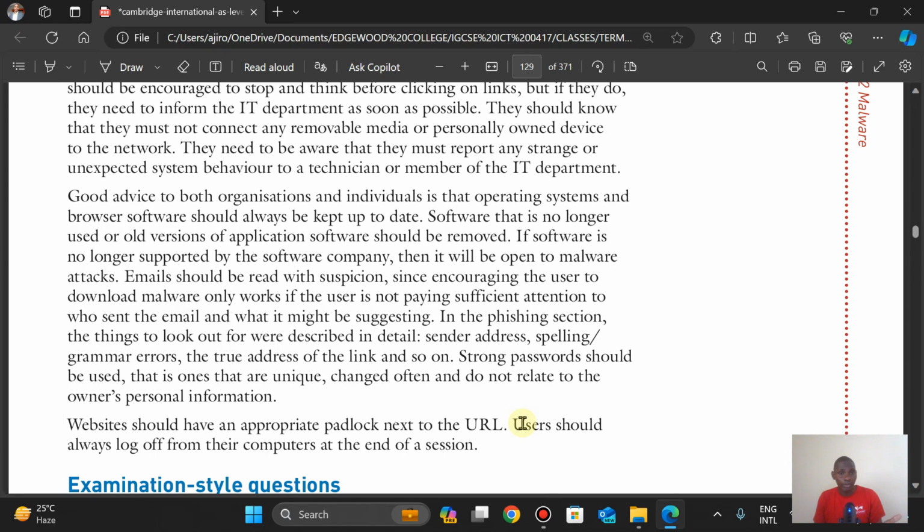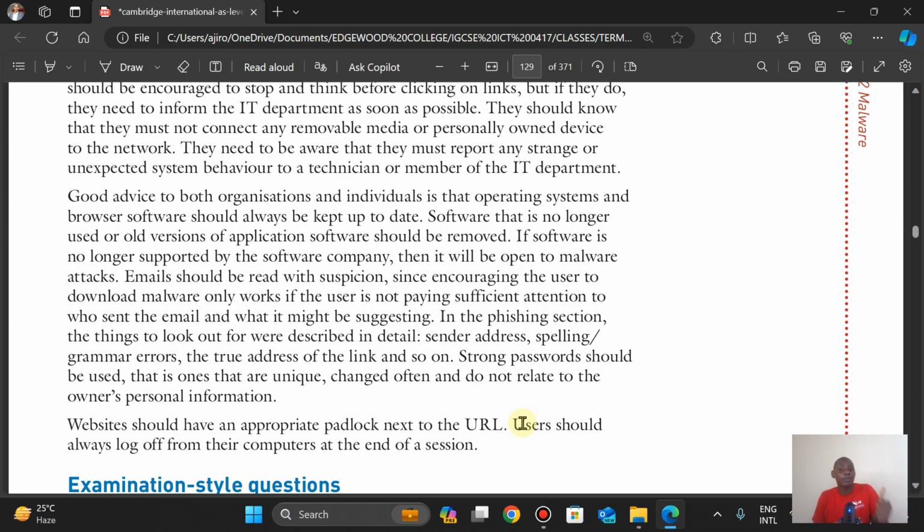Any software that is no longer supported by the software company is open to malware attacks. I talked about Windows 7. The update has been totally discontinued. No update on it.